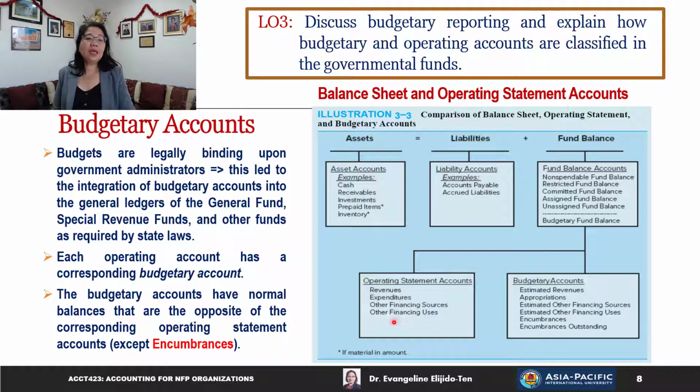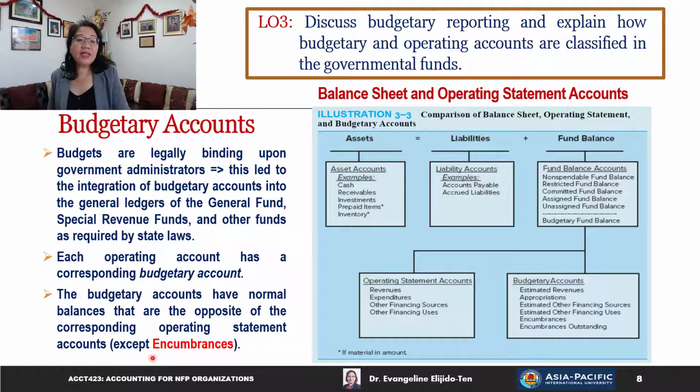So, the budgetary accounts have normal balances that are opposite of the corresponding operating statement accounts. Revenues would normally have what balance? Credit balance in the operating statement, right? The estimated revenues, you would notice, will have a debit balance. That's what that means. It has an opposite balance to the corresponding operating statement.